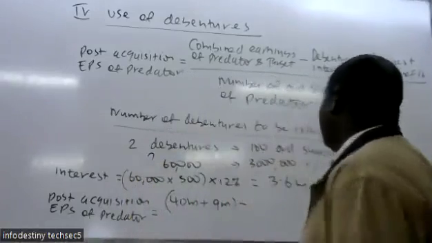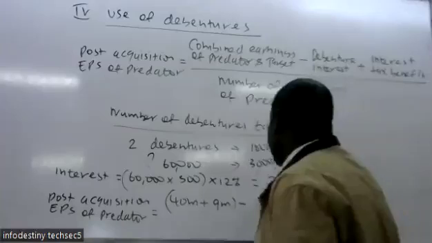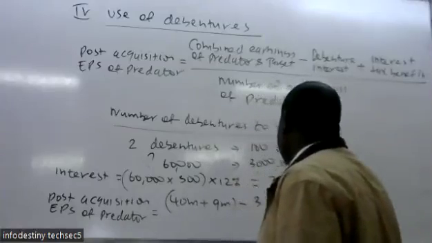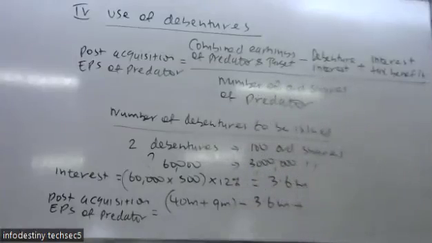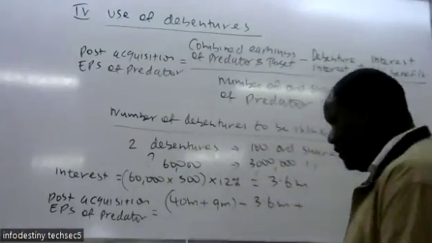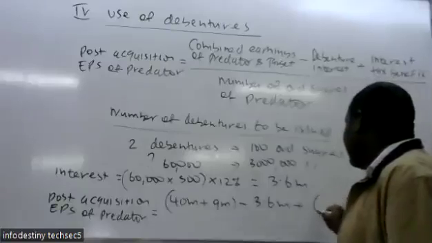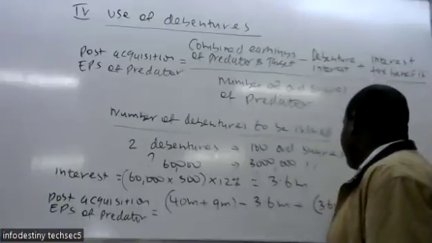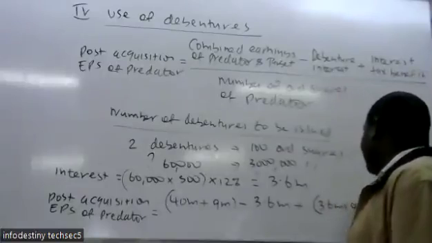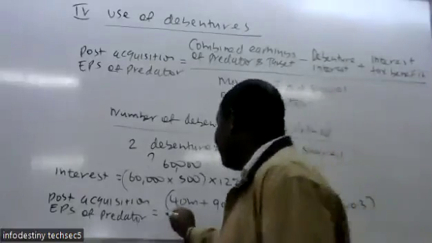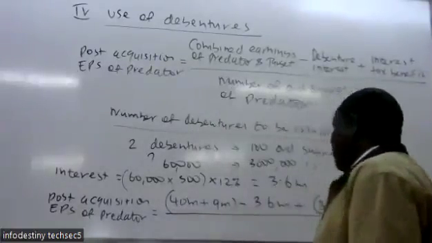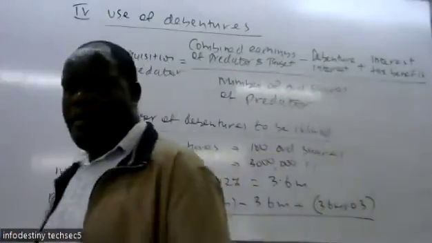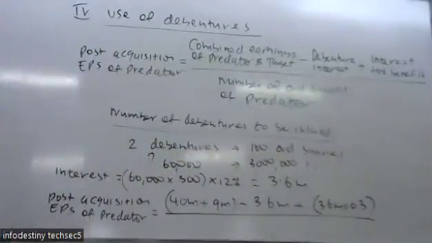But we subtract interest, which is 3.6 million. Then we add interest tax benefit, which is 3.6 million multiplied by the tax rate, given as 30%. Then we divide by the number of ordinary shares of the predator.